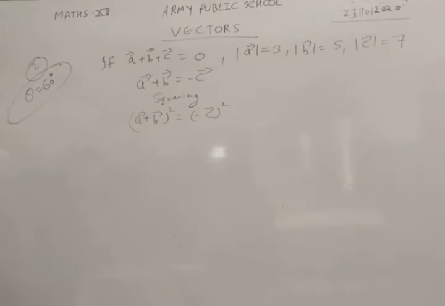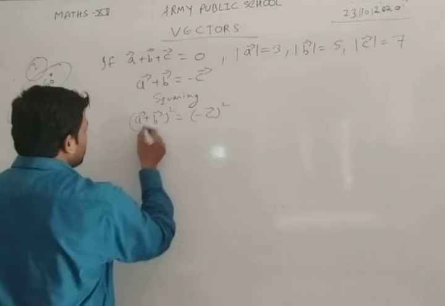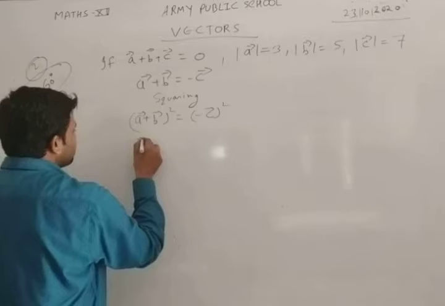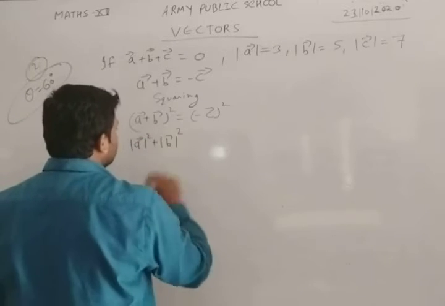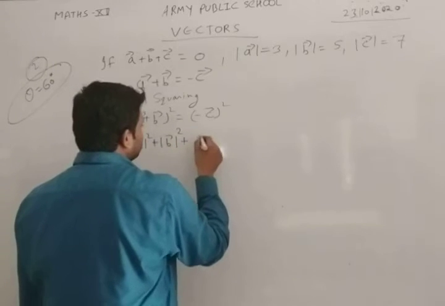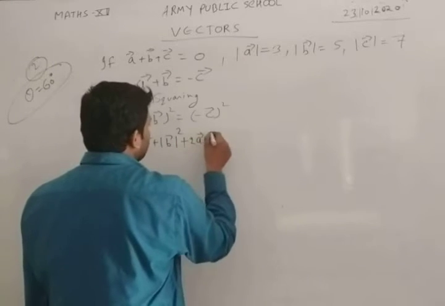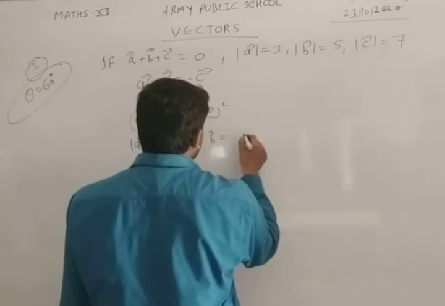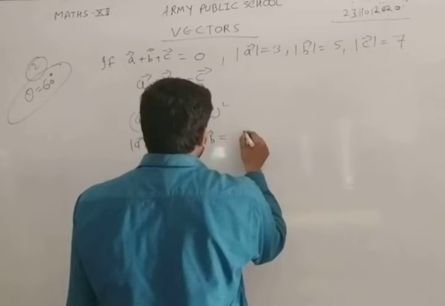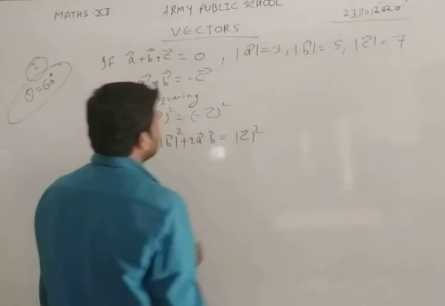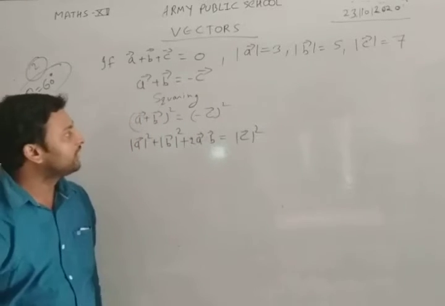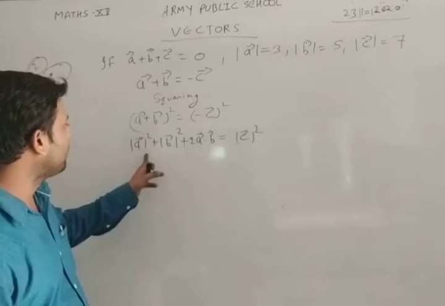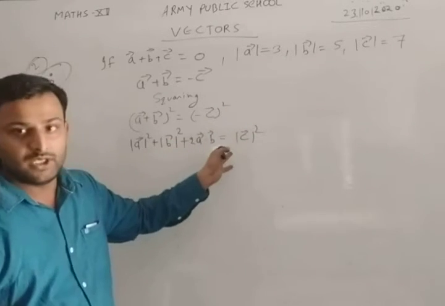Now what we will do here? a square plus b square plus 2a dot b is equal to c square. Okay. Now we have the value of a, b and c. We put it.